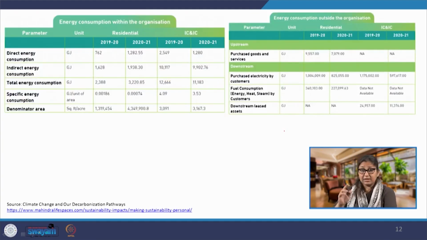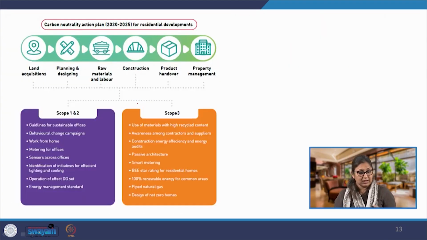If we look at the direct energy consumption, again we would see that the intensity of energy consumption is going down, almost half. The energy consumption intensity has been reduced to half, and that is where we see that the scope 1 and 2 emissions are significantly coming down.